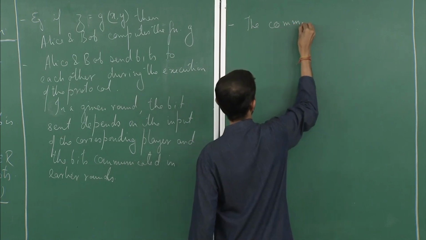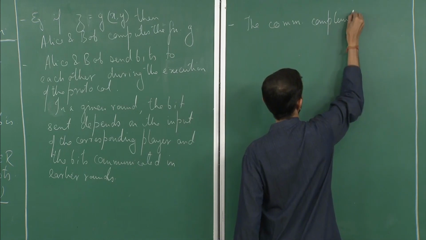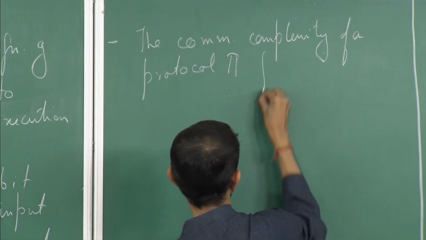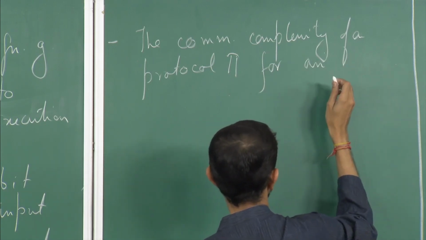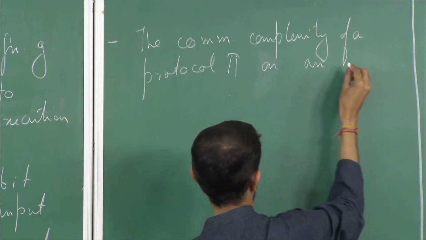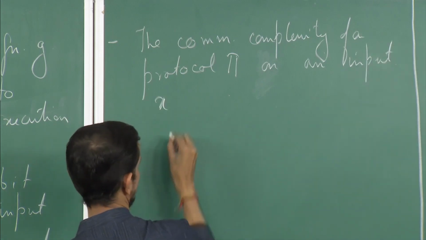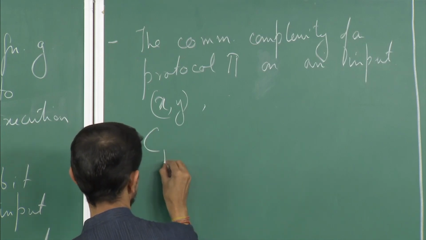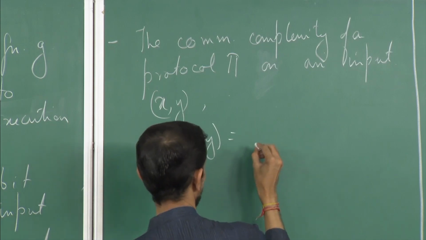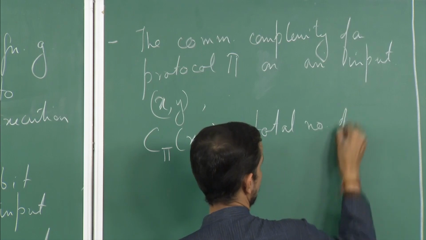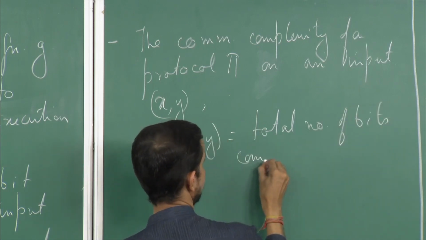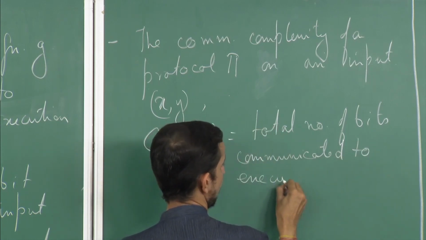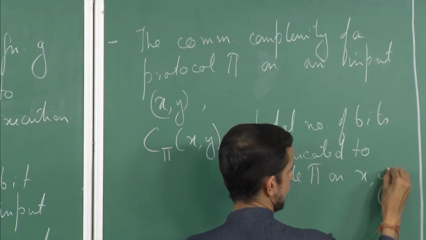The communication complexity of a protocol pi on an input (x, y), we'll write that as C_pi(x, y), is equal to the total number of bits communicated to execute pi on the input (x, y).